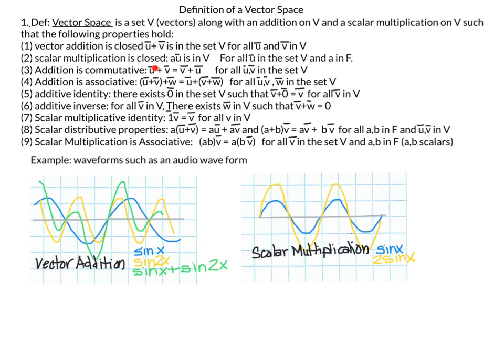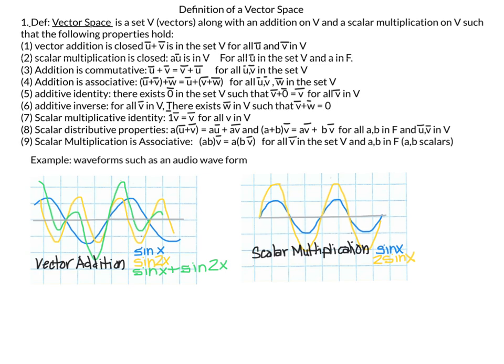For addition being commutative, we're going to hand wave that a little bit, but you can intuitively see that addition is going to be commutative because we're doing point-by-point addition because of the superposition principle. Essentially, we're just adding a height, a real number, plus another height, which is another real number.